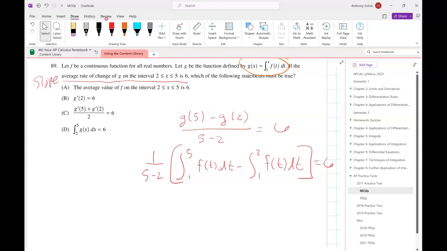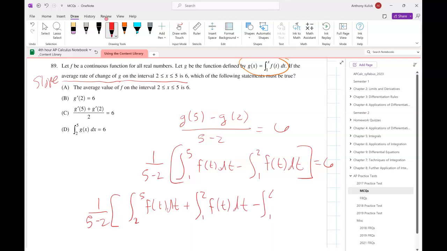Yes, it is just the integral from 2 to 5. Let's show you how. Great job. So I can break the integral from 1 to 5 into the integral from 2 to 5 plus the integral from 1 to 2, right? That's one of my integral rules that I can use. Those guys cancel out.